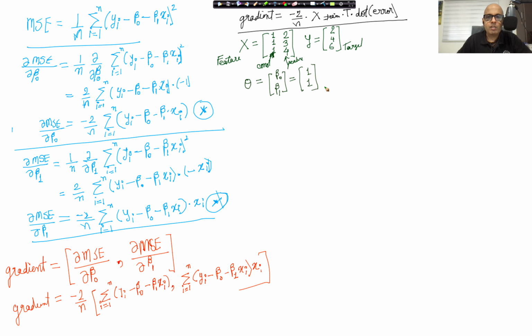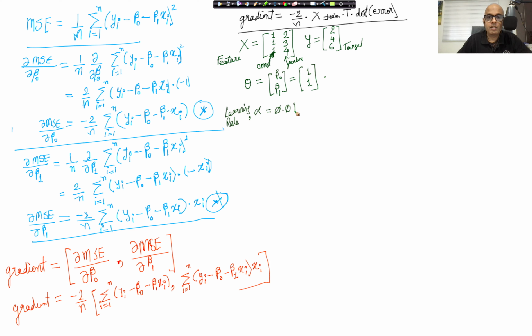Again, as I mentioned earlier, we also have something called a learning rate, and that is how fast or slow we want to change or update the values of beta. Do we want big steps or smaller steps? That can be changed by this alpha parameter, and we will set this value in this case to 0.01.